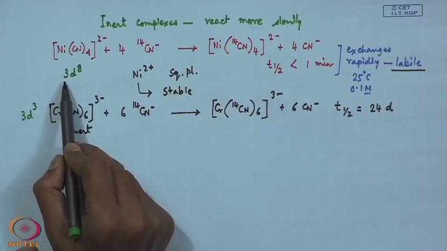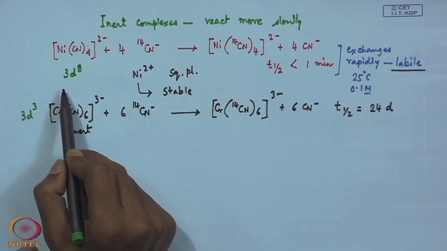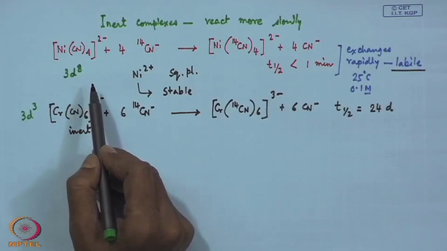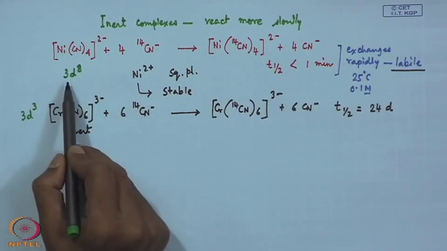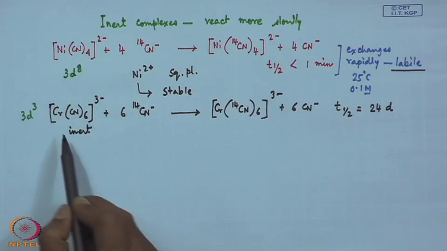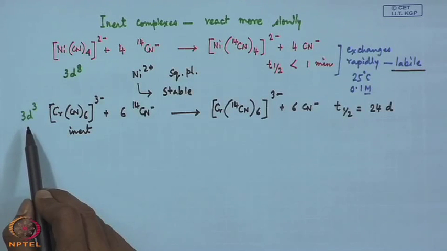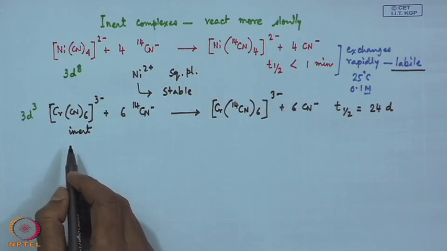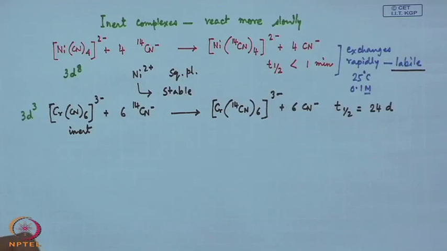So, for 3d8 in square planar geometry, we expect that it can also give rise to some inert compound, but this inert compound we do not get in case of nickel; expectedly we can have this for palladium and platinum compounds. But in case of chromium, for the first transition series element, it is a kinetically inert compound. So, we get a compound like this which is inert.